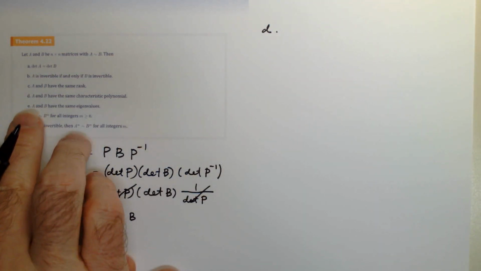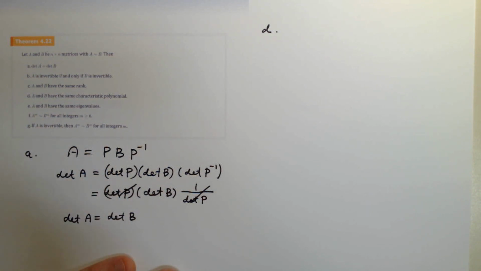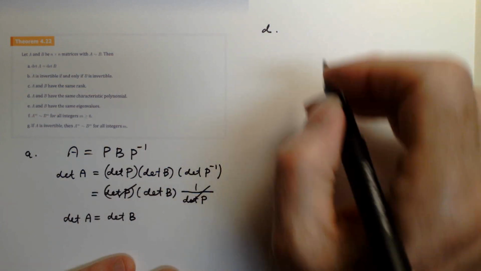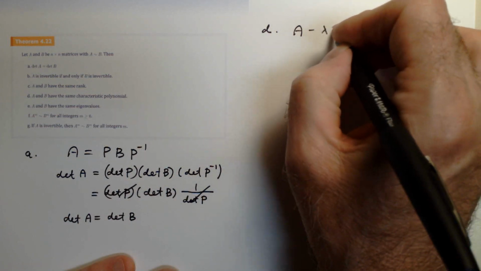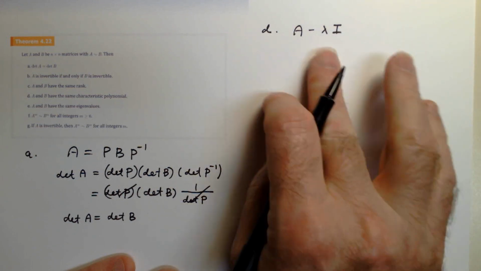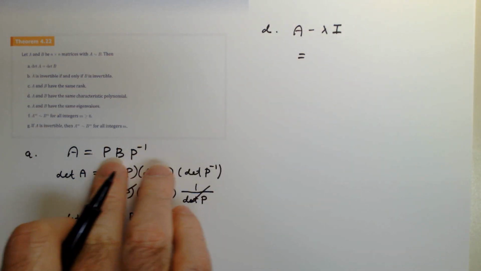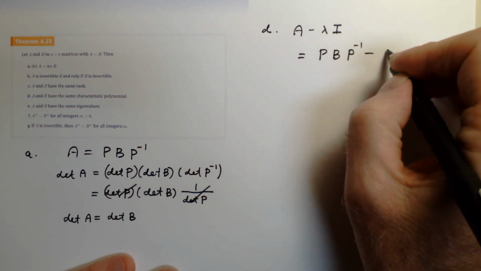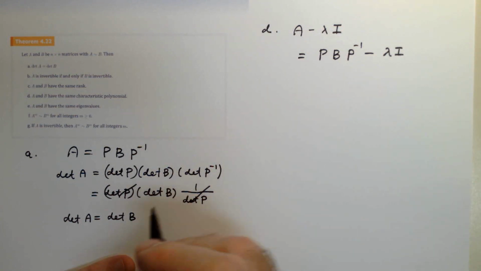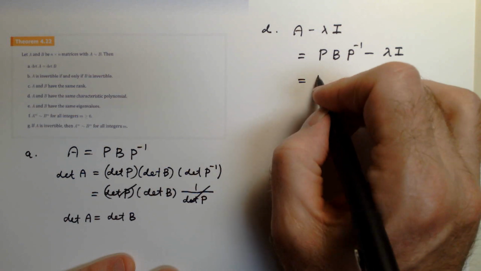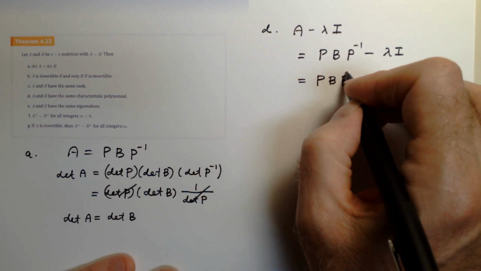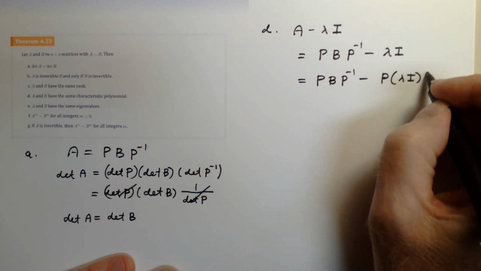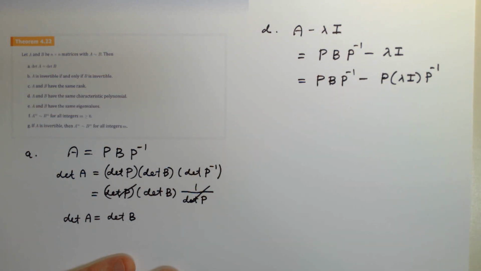All right. Now to calculate the characteristic polynomial of A, I have to first calculate A minus lambda I, and then I have to take its determinant. So let's spend some time thinking about how we can rewrite A minus lambda I. Now, that's going to be equal to, of course, using similarity, P times B times P inverse minus lambda I. But we can write this as P times B times P inverse minus P times lambda I times P inverse.